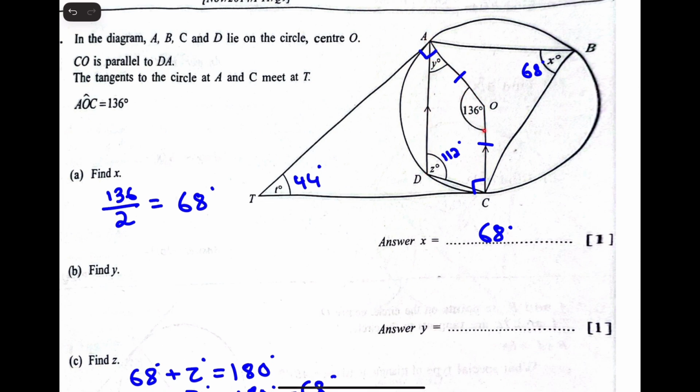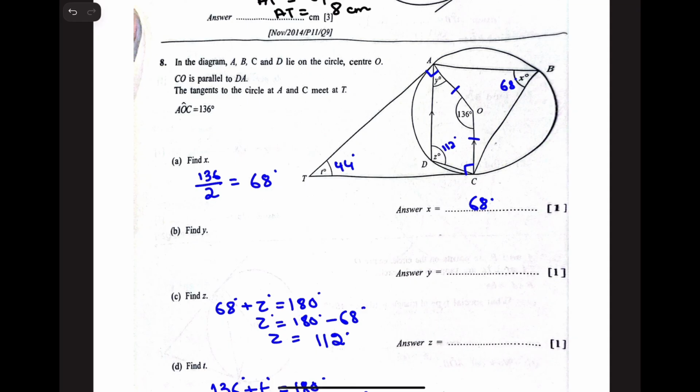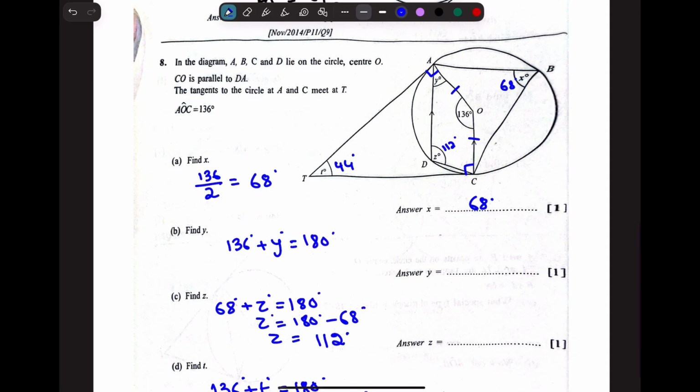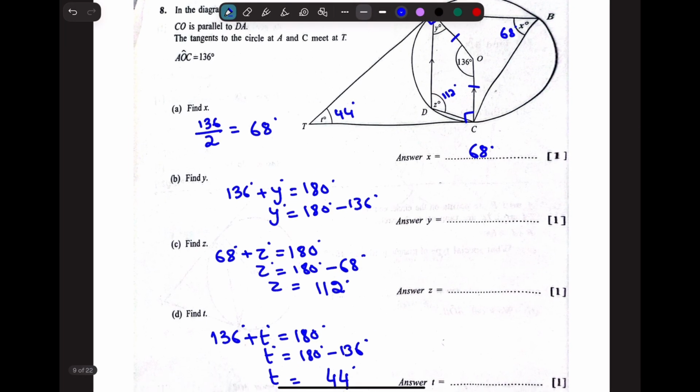So basically for those who consider them as C angles, this is a C angle. So 136 plus y should also add up to 180. So y is 180 minus 136, which gives y as 44 degrees.